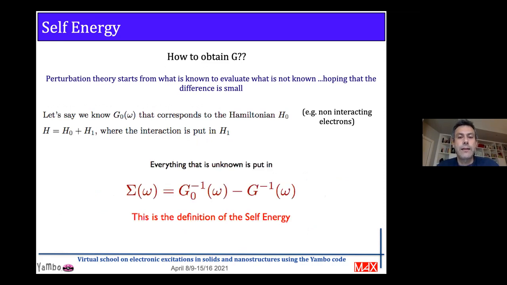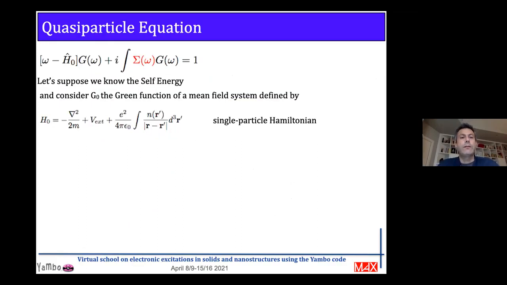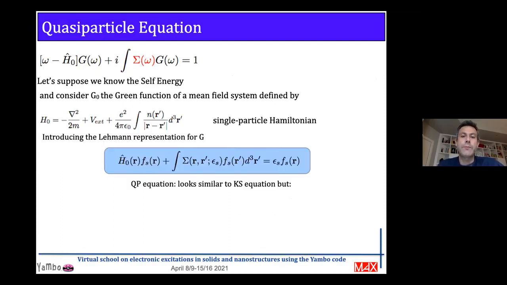We consider an interaction, and let's define the difference between these two quantities as the self-energy of our problem. So the equation we have seen before can be cast in this way. Let's suppose that we know G0, the Green function of the mean field system, and we can arrive at this equation, which is the quasi-particle equation.